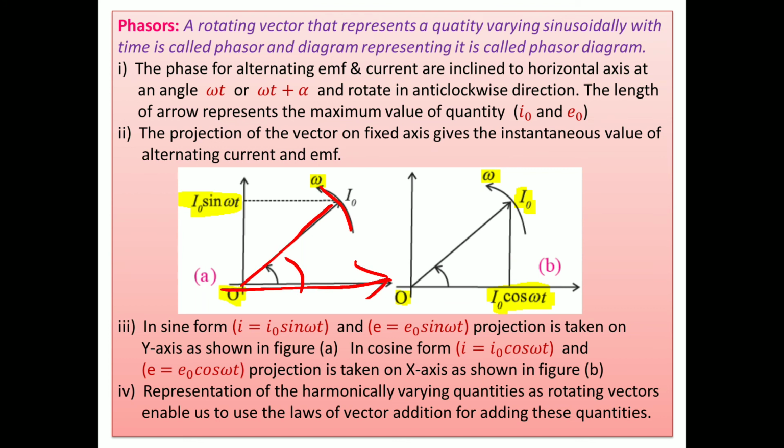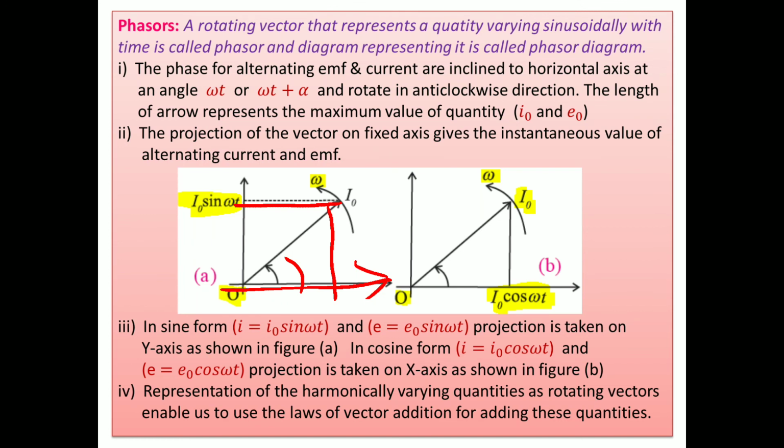Thereafter, the projection of the vector on a fixed axis gives the instantaneous values of alternating current or EMF. Projection means from the peak of the arrow we draw normals on the x-axis or y-axis. When we draw the normal on the y-axis, it is the I naught sin omega t term.